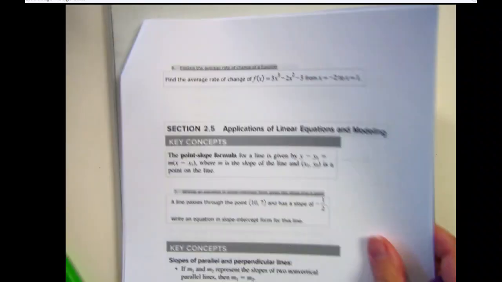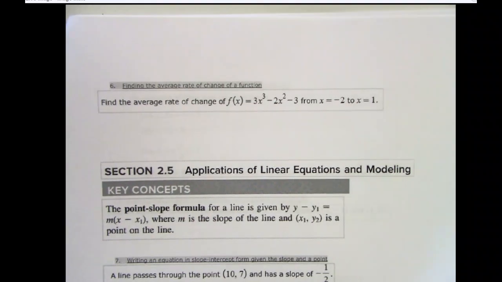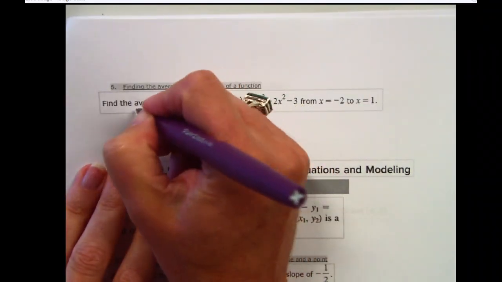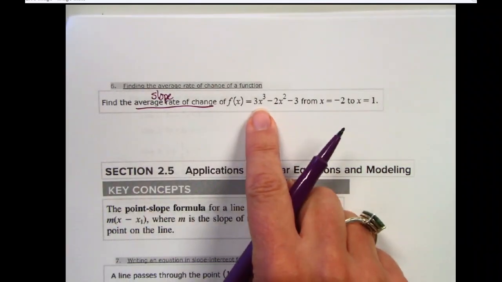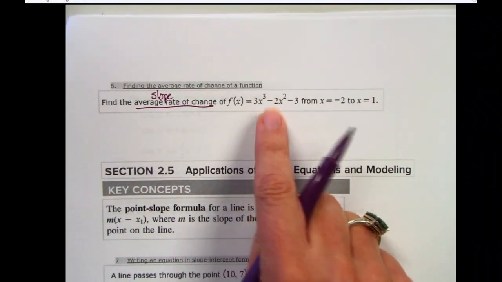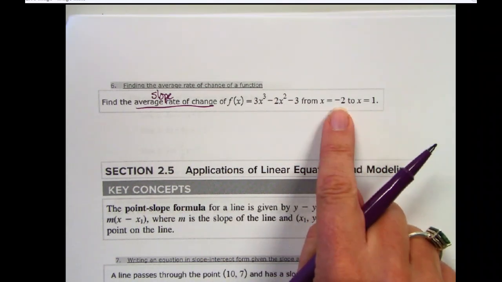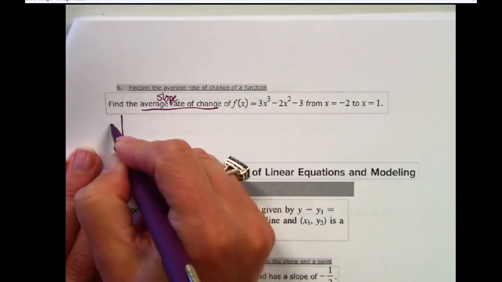Okay. Now this one you've forgotten how to do, some of you, so I'll remind you. Average rate of change is a fancy name for what? Okay, so we're finding the slope. We know that's not linear, but it's asking in between when the x value is 1 and when the x value is negative 2, or the other order. So this is what I like to do.